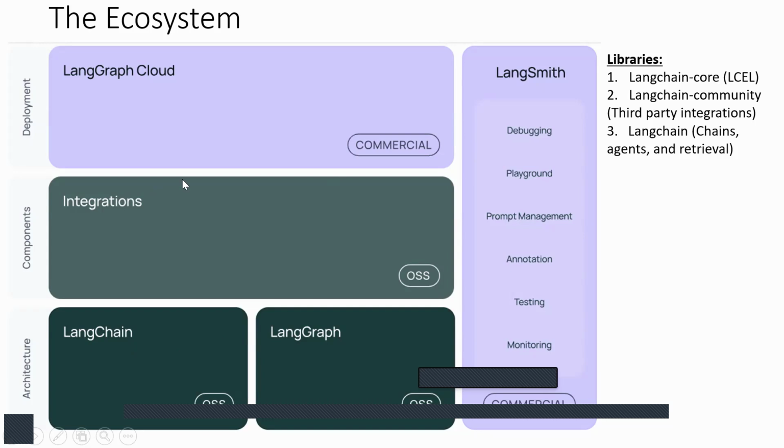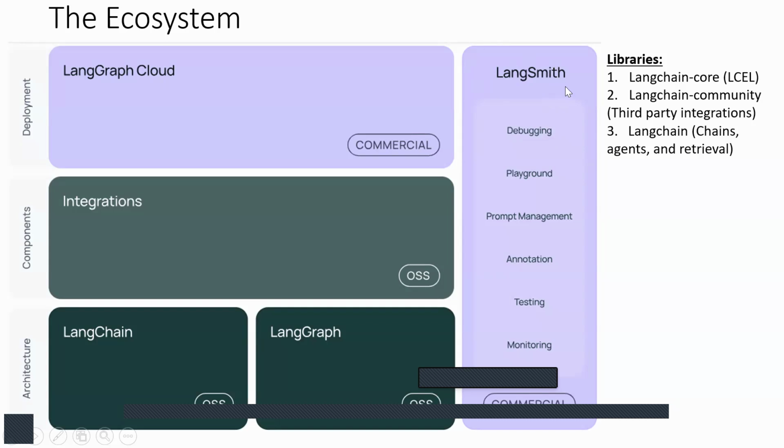Whenever we do all these things, if we want to monitor what is going on under the hood or behind the scenes, then we should be using LangSmith. It's an observability platform, a place where we can see the logs and debug our applications. We will be using this in our course as well.